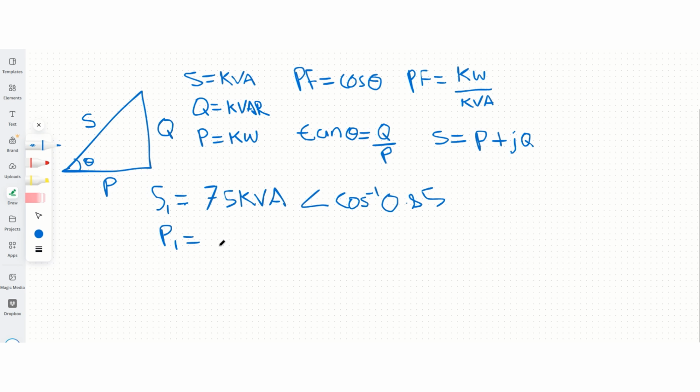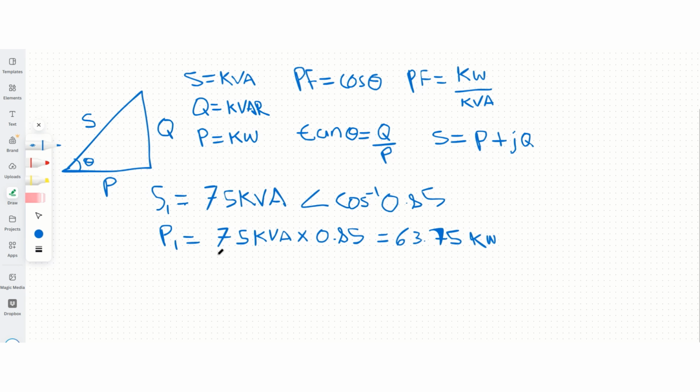That will be 75 kVA times your power factor, 0.85, and that equals 63.75 kilowatts.